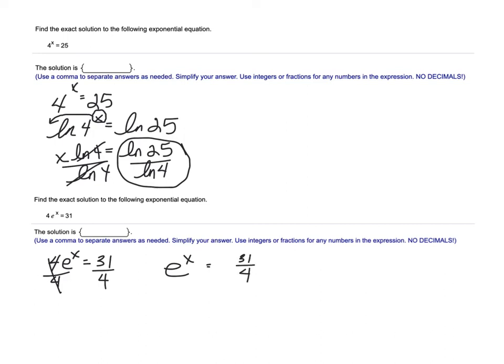From here, we can take the natural log of both sides. We know from the properties that natural log of e is just 1. So natural log of e to the x is just x. These cancel. So x equals the natural log of 31/4. That is your answer.